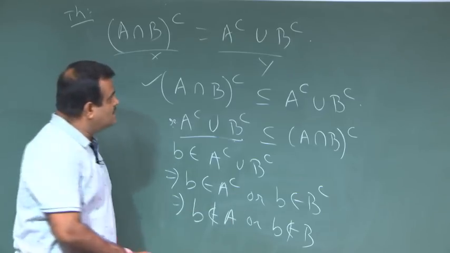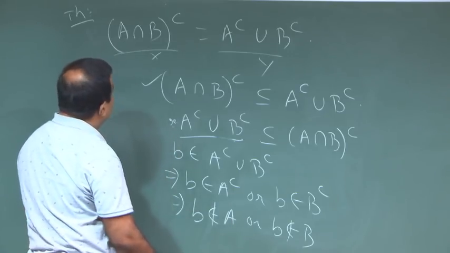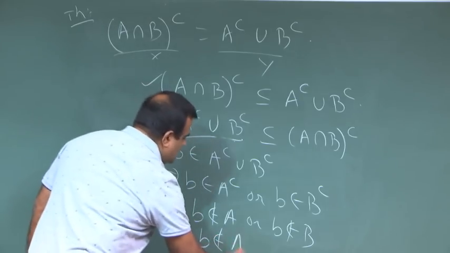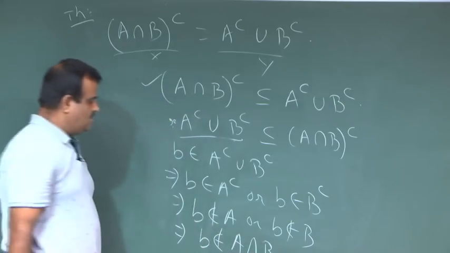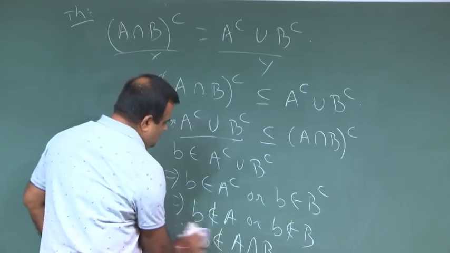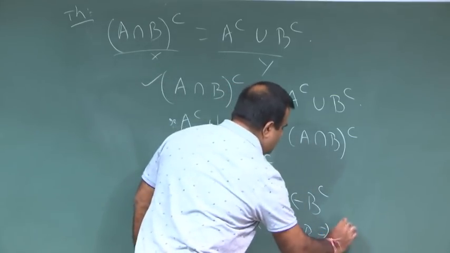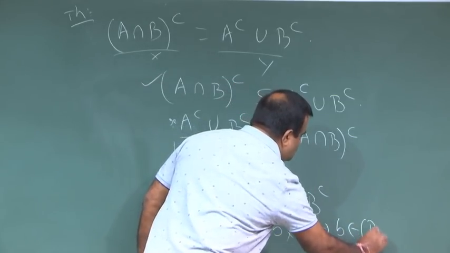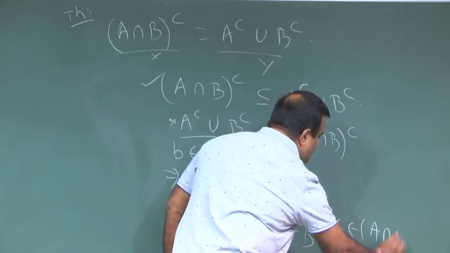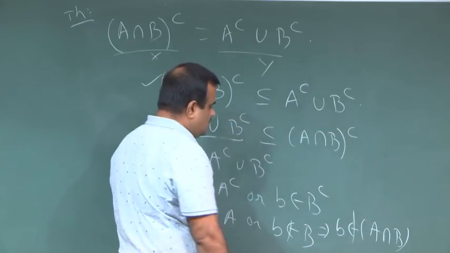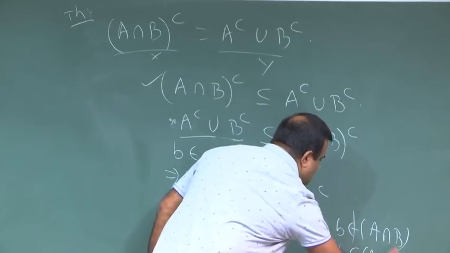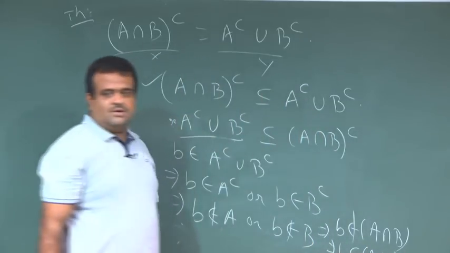So, this implies b does not belong to their intersection. For intersection, b has to be in both the places. So, this implies b does not belong to A intersection B. So, this implies b belongs to A intersection B complement.